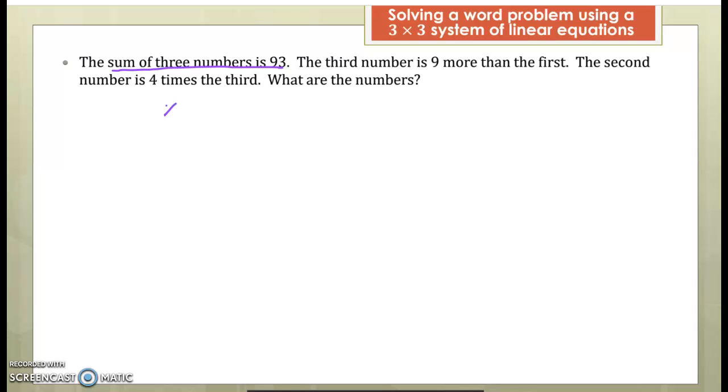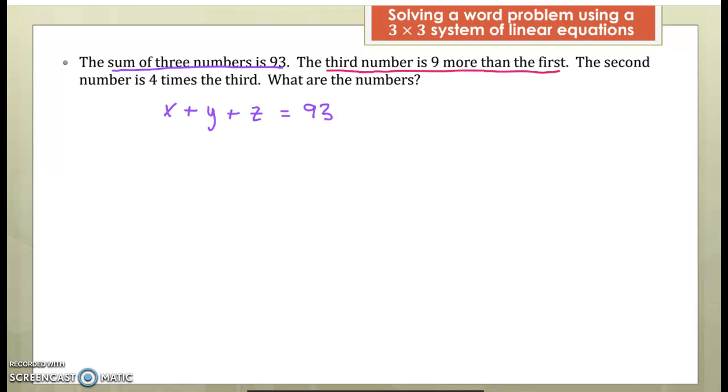So let's just let x, y, and z be our three numbers, and we know they add to be equal to 93. The second equation we're going to pull out of this is the third number is 9 more than the first.